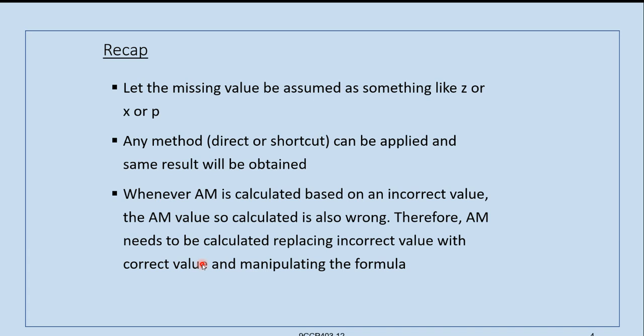And later on, we have seen how to recalculate by taking the correct data and calculating the arithmetic mean.